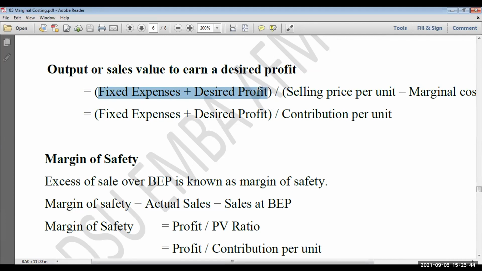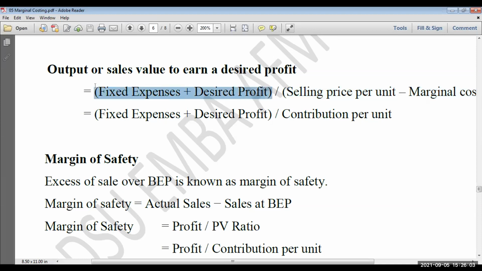Contribution is after variable cost only, no? That's why fixed cost plus desired profit divided by contribution per unit. If I need a profit of 5 rupees, if I sell 1 unit, I can get a profit of 5 rupees.